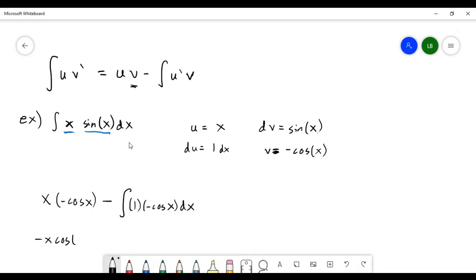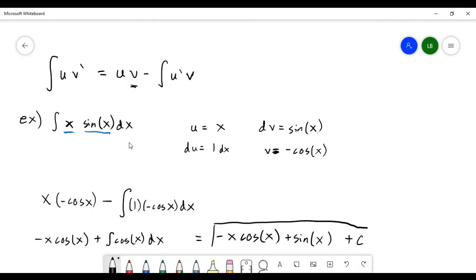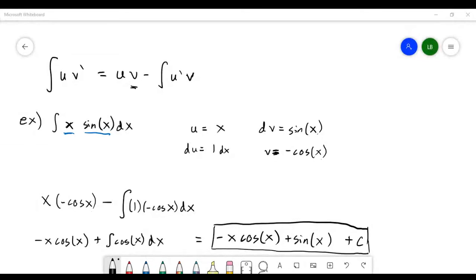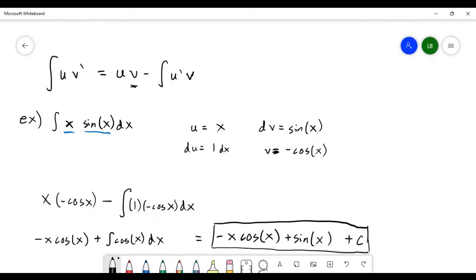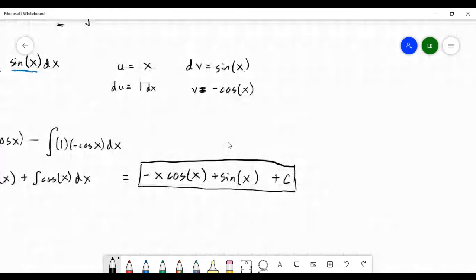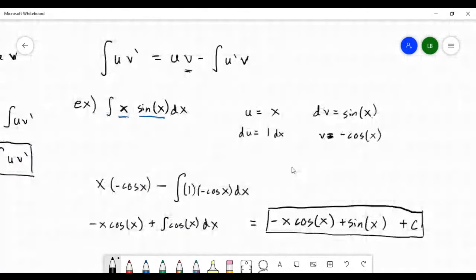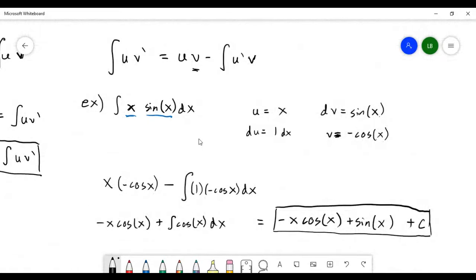So we've got negative x cosine x plus the integral of cosine x dx. So our final answer is negative x cosine of x plus sine of x, and then plus c. Make sense? Cool. And of course, if we took the derivative of negative x cosine x plus sine of x plus c, we would get exactly x times sine of x.